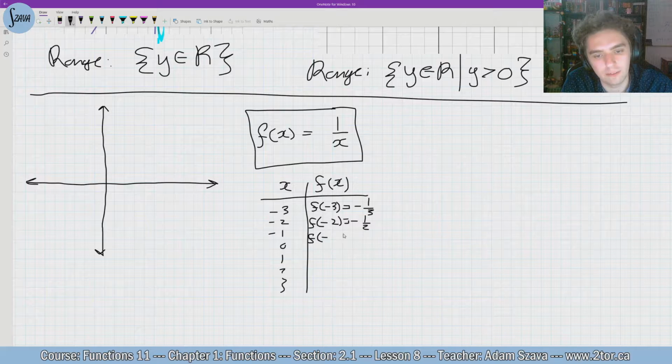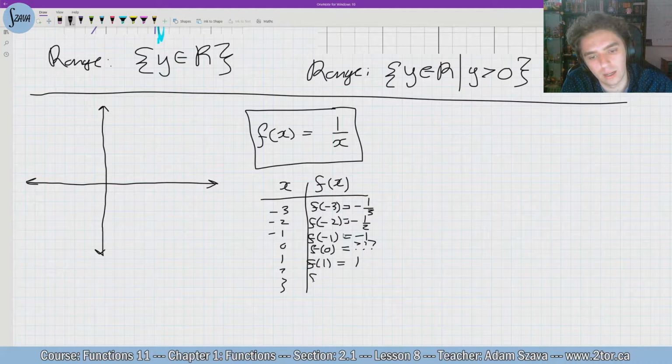F of -1 is going to be -1. F of 0 is not in the domain. It's just f of 0 is question mark, because 0 is not in the domain of this function. We cannot put 0 into this. F of 1 is 1, f of 2 is 1/2, and f of 3 is 1/3.